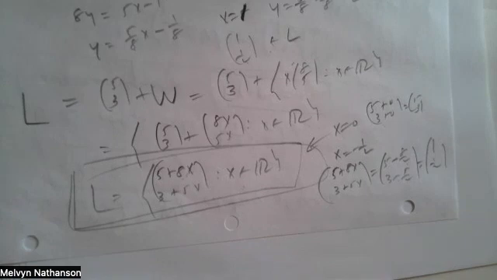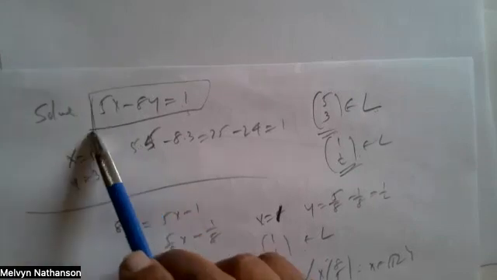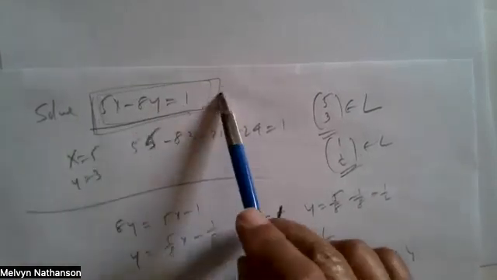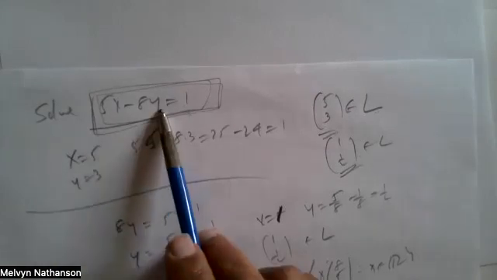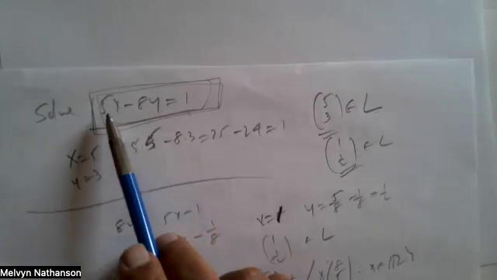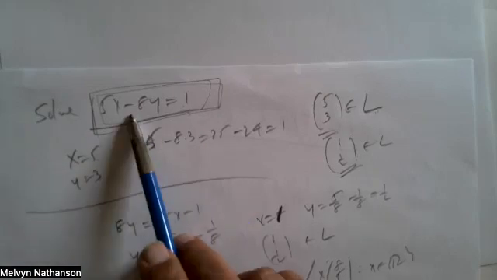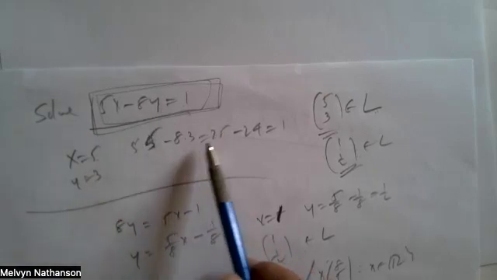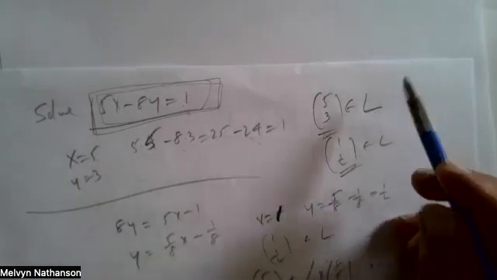I have a question. Where it says L equals (5, 3), did you choose (5, 3)? Well, I was looking for a particular solution of this equation. If I let x equal 5 and y equal 3, I get 5 times 5, which is 25, minus 8 times 3, which is 24, and 25 minus 24 equals 1.